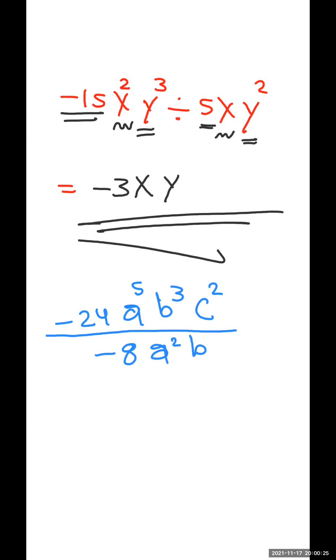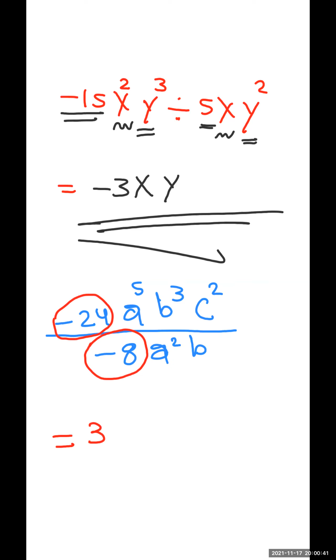Okay, now again the same procedures. Divide the coefficient by the coefficient. Here in this case we are dividing two negative numbers, so the result will be positive, of course. So negative 24 divided by negative 8 will equal 3.